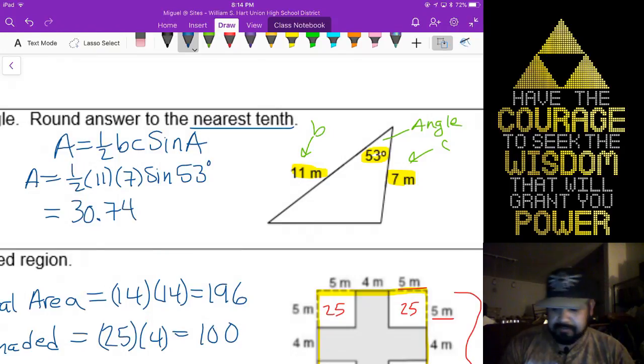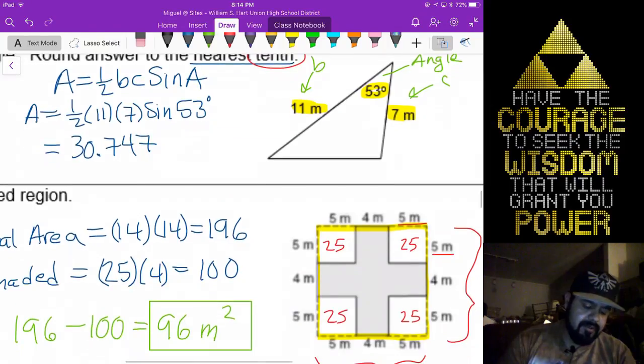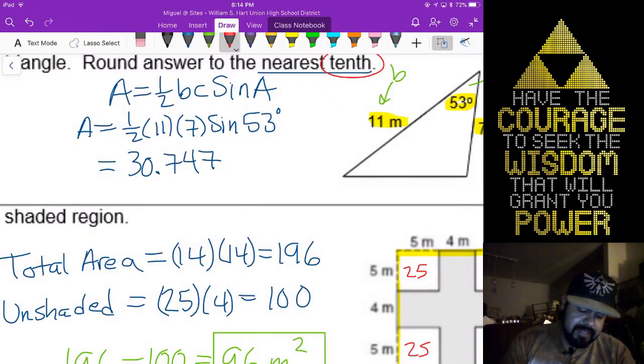Now hold on. I'm going to address something that hopefully you guys do not do on your test. I'm going to write the next digit after that to show you. If it says round to the nearest tenth, you only look at this number and look behind it.